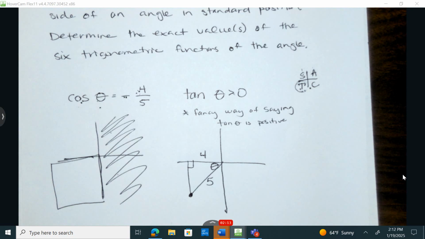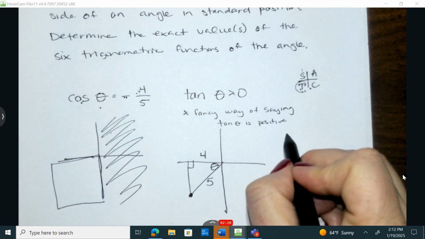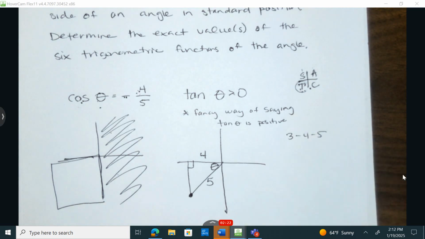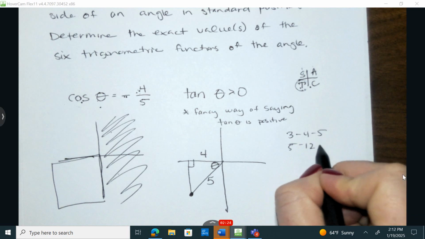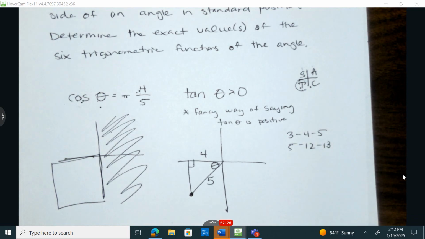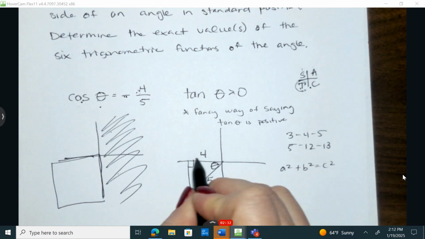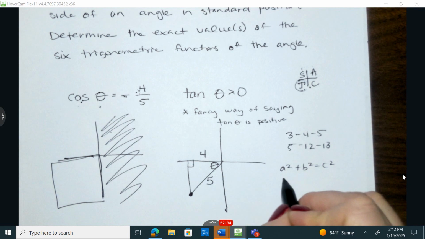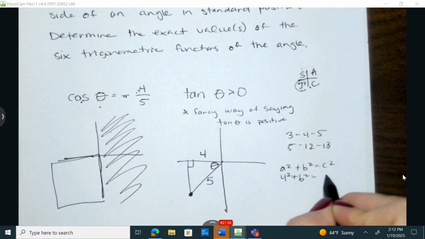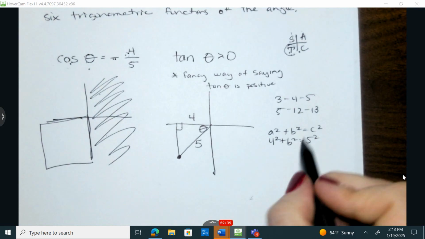Now, I know that there are Pythagorean triplets that we are going to memorize as we get into upper level mathematics. One of them is a 3, 4, 5 right triangle. Another is a 5, 12, 13 right triangle. These are common ones. But if you didn't know that, you would say a squared plus b squared equals c squared, 4 being one of the legs, and then you would do this elementary math to solve for b.